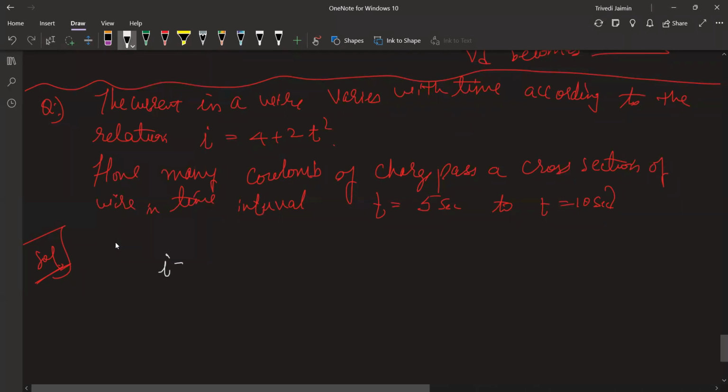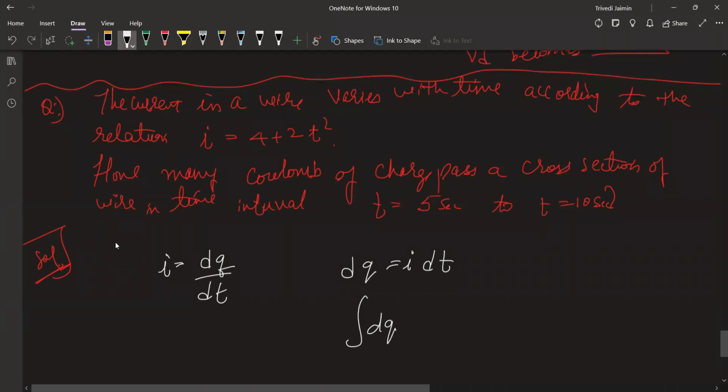So I equals dq by dt. So dq equals I dt. For this, we need to integrate.